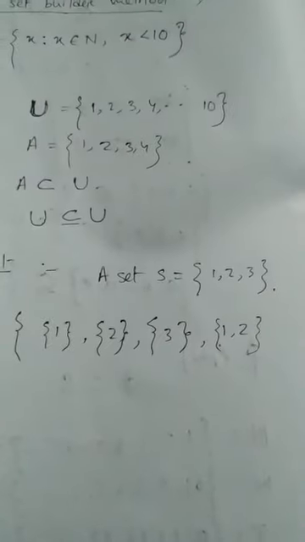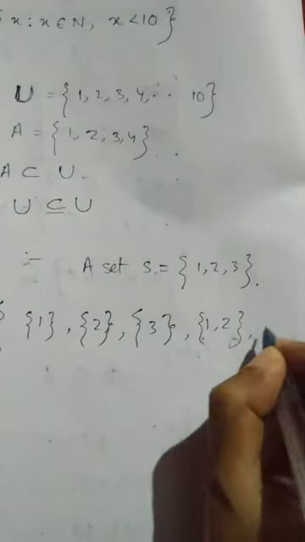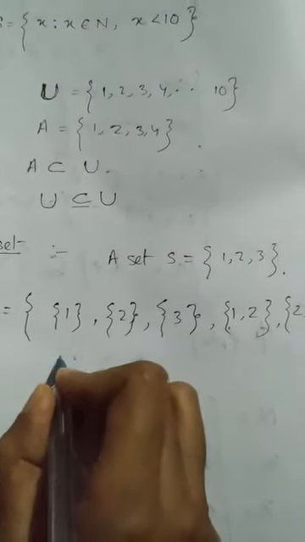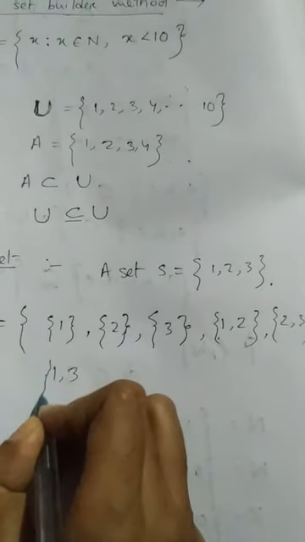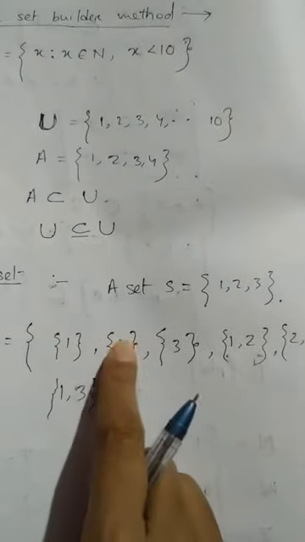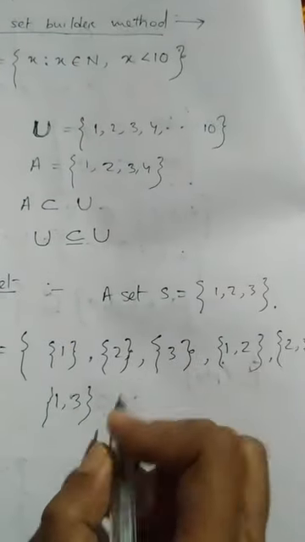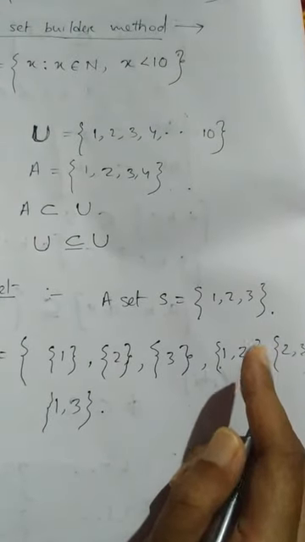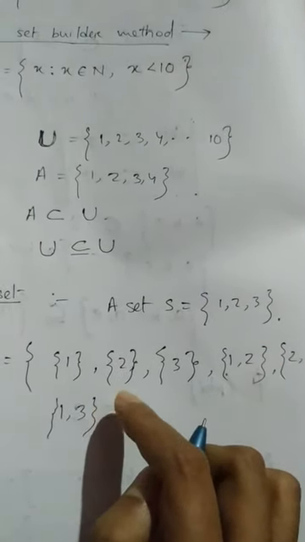{1, 2} is another subset, then {2, 3}, then {1, 3}. {2, 3} is there, {1, 2} is there, {1, 3}.